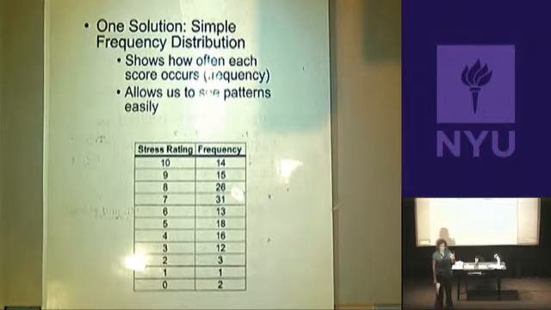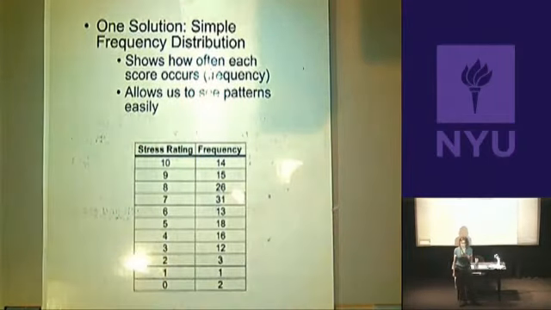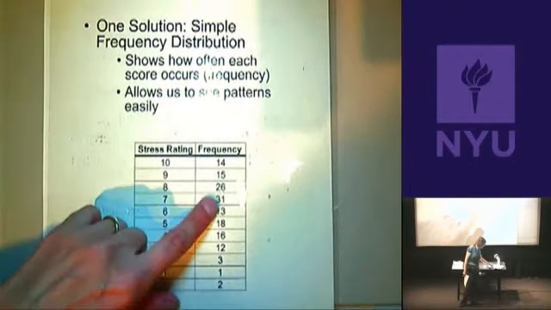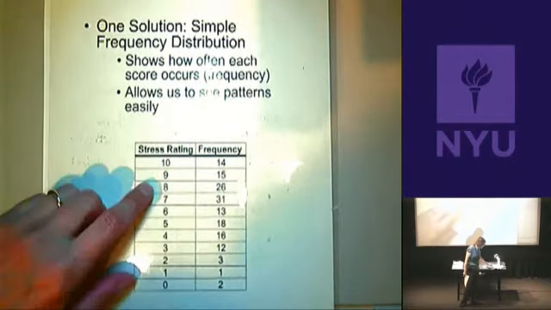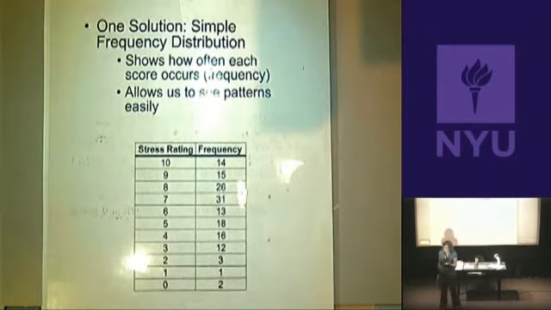But it's a listing of these values. Frequency means how often they occur. So for a simple frequency distribution, we have our stress ratings 0 to 10, and then I just put how many kids scored whatever. From looking at this, we can see most of the kids were scoring an 8 or a 7. So at least you have some idea of what's going on when you see it listed this way.